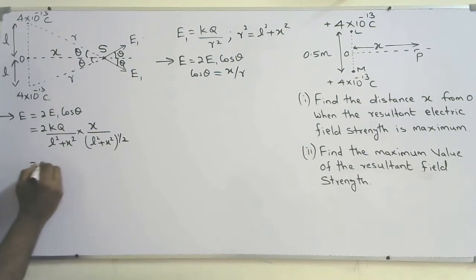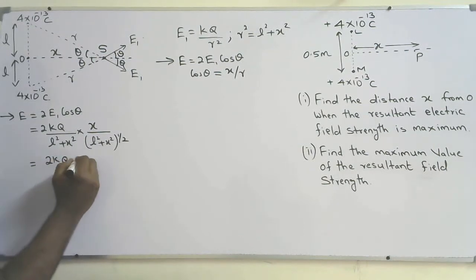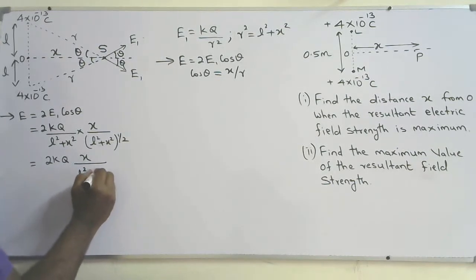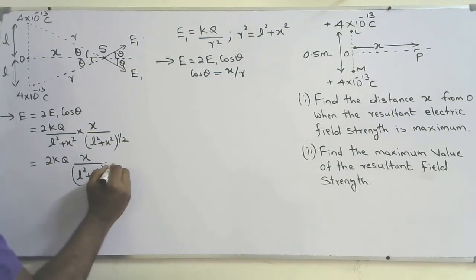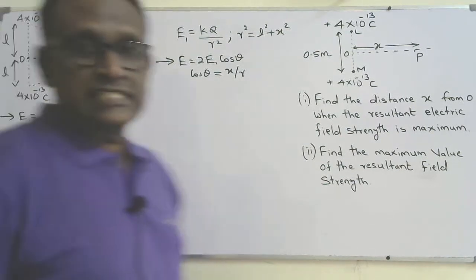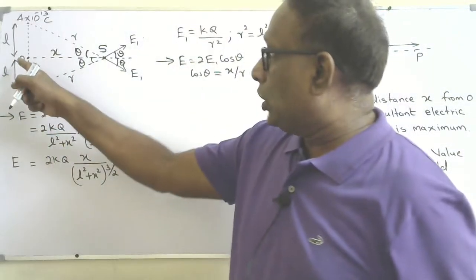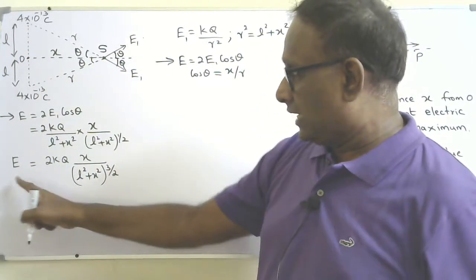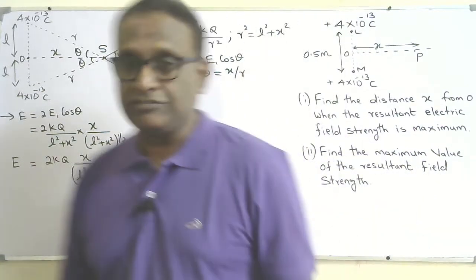So that's going to be 2kq times x over L squared plus x squared to the power of 3 by 2. That's the resultant electric field strength at any point along OS.